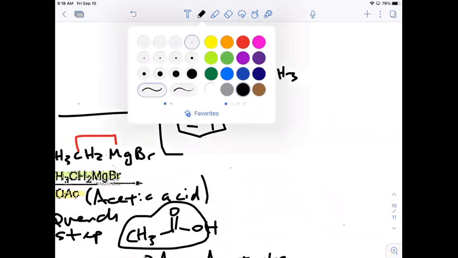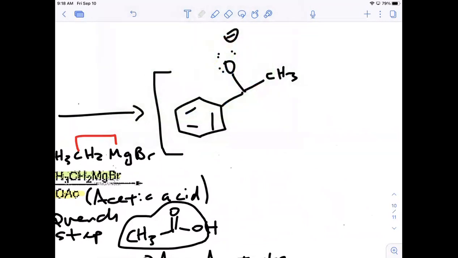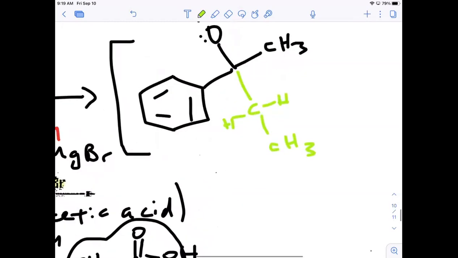And then I added in a C. Well, let me write it out in Lewis form, I don't want you to get confused. I added in a CH2CH3. Yes or no? Can y'all see that? Yes, yes, yes, all right.